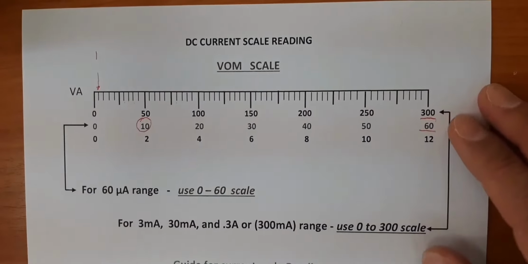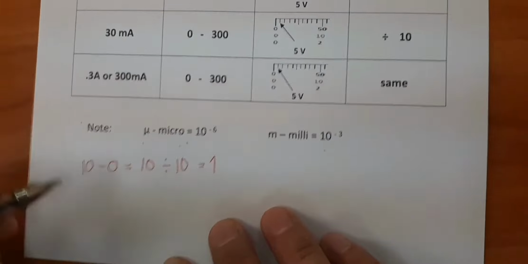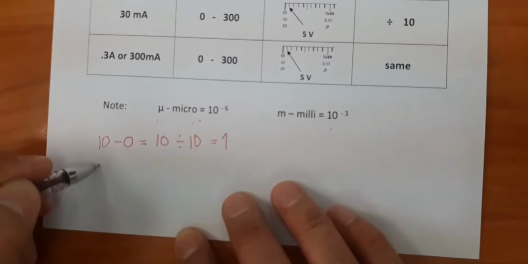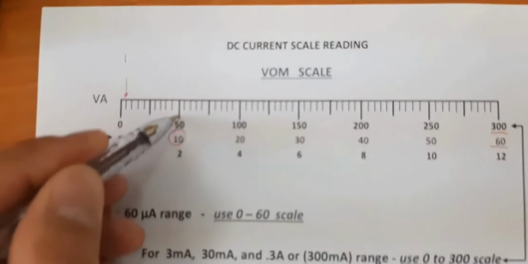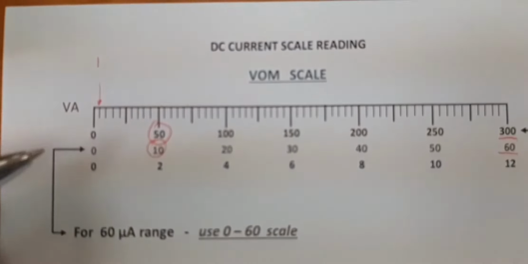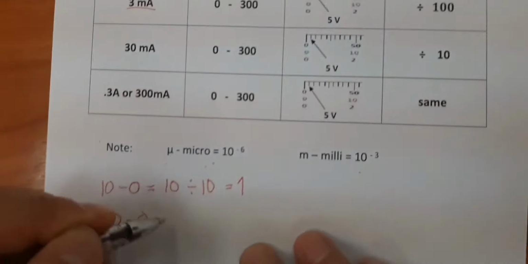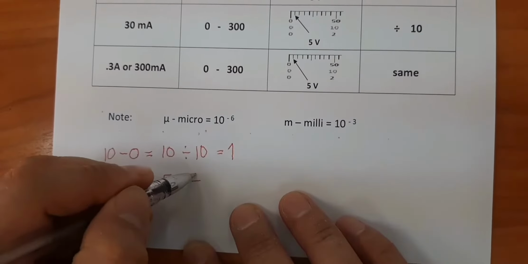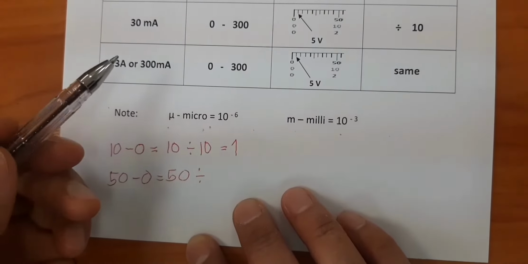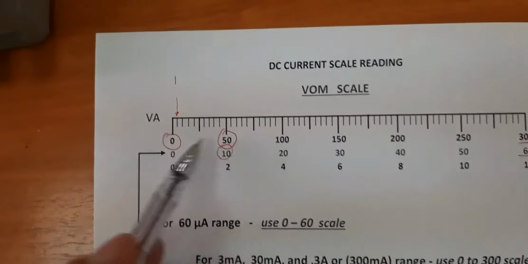Let us try the equation again. The highest division is 50, so 50 minus 0 is equal to 50 divided by the number of lines or subdivisions inside 0 and 50.